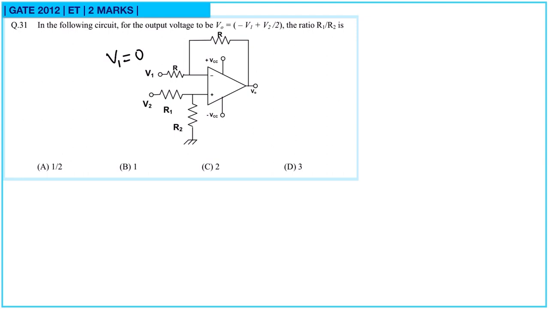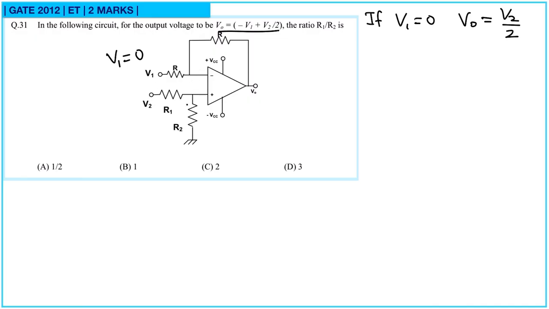We will try to find it out. If V1 is equal to 0, then according to this expression, output will be V2 by 2.